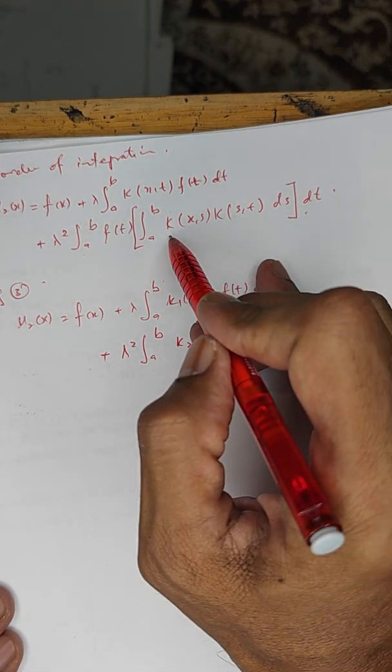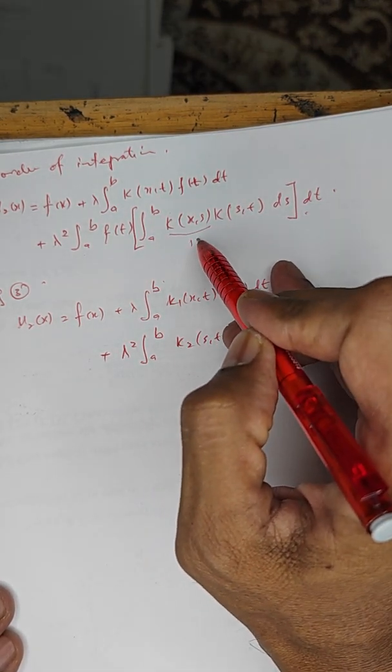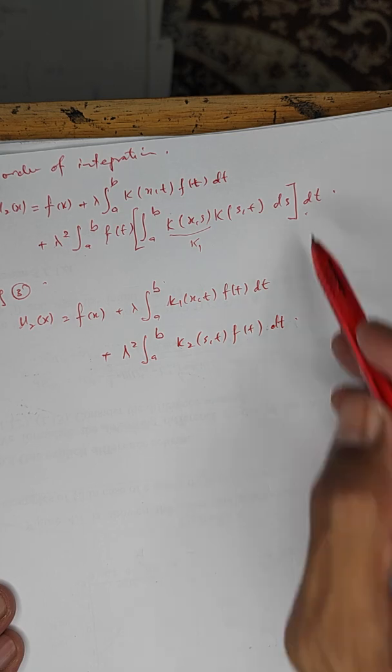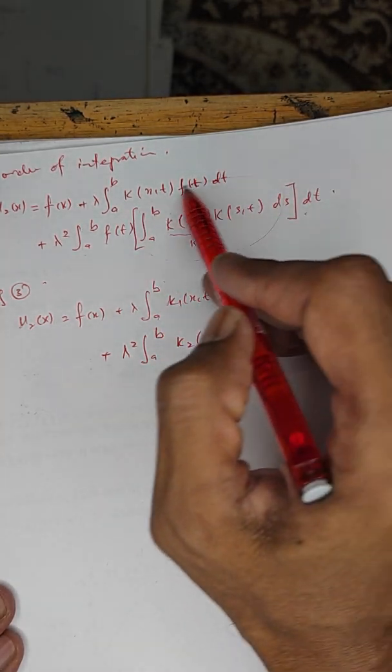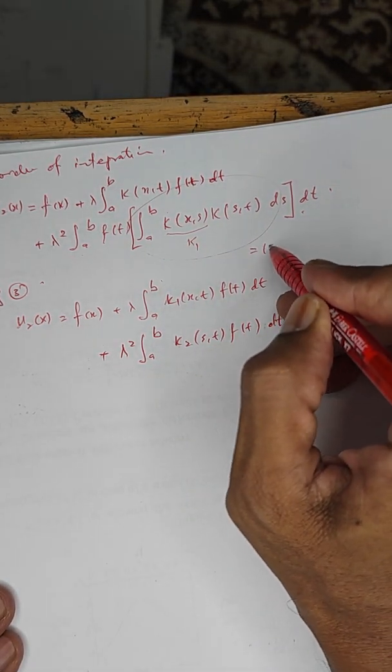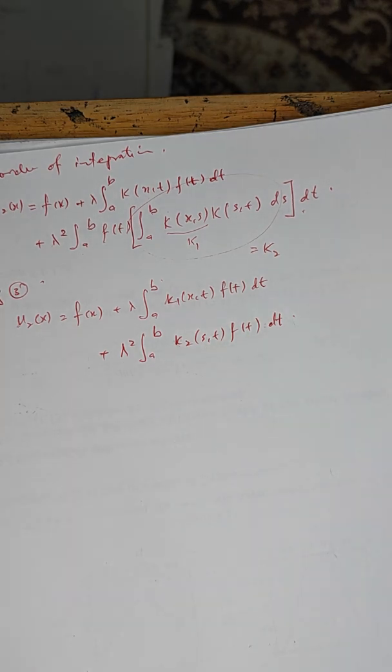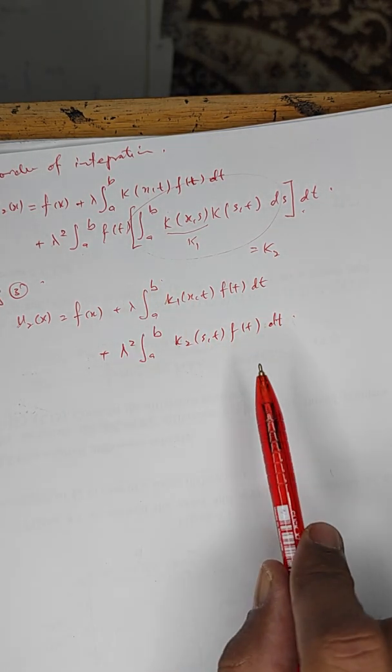One of these is K1, and the whole thing is K2, so that's why we have K2.